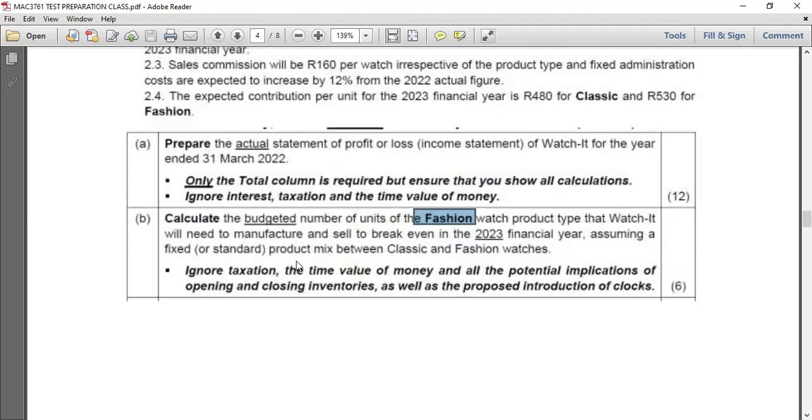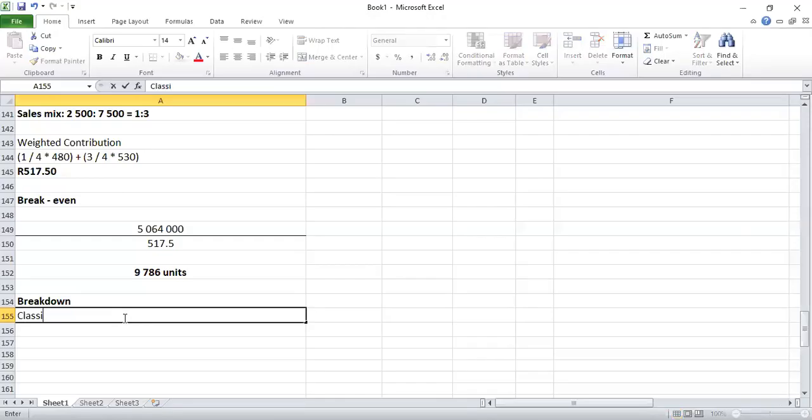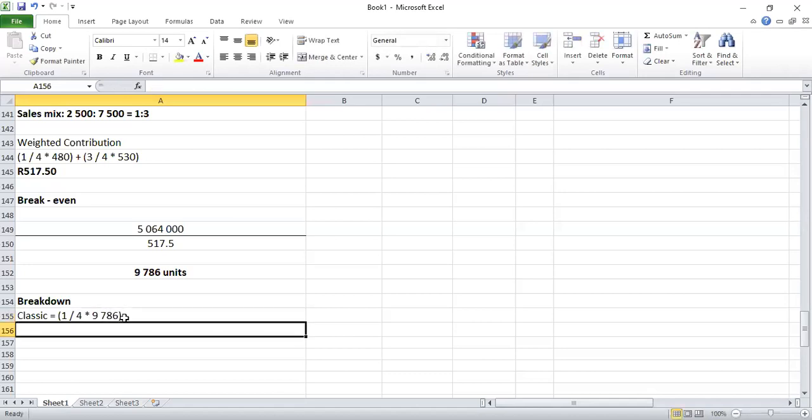So at the end, the breakdown would say classic would use our sales mix, 1/4 times 9786. Then the fashion would be 3/4 times 9786.